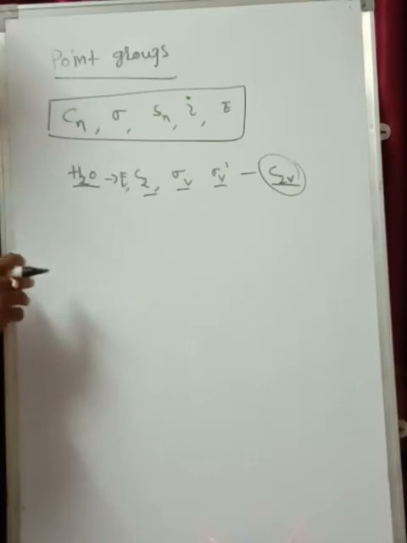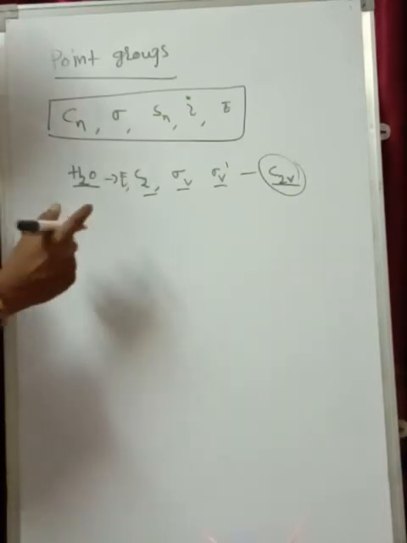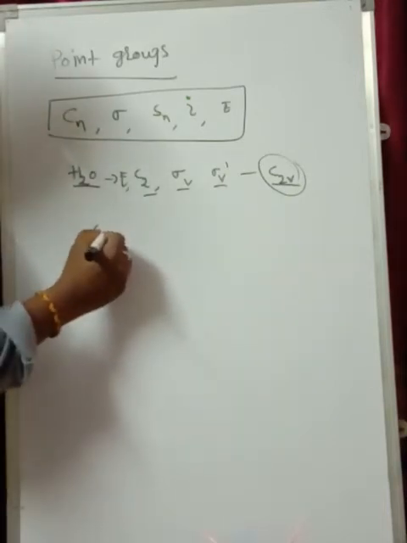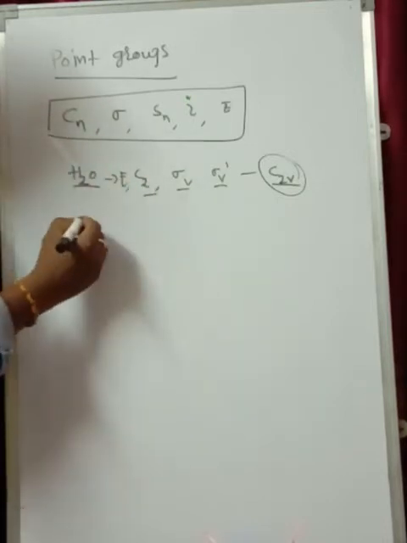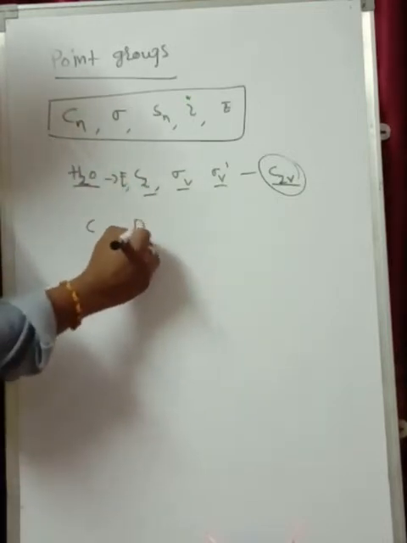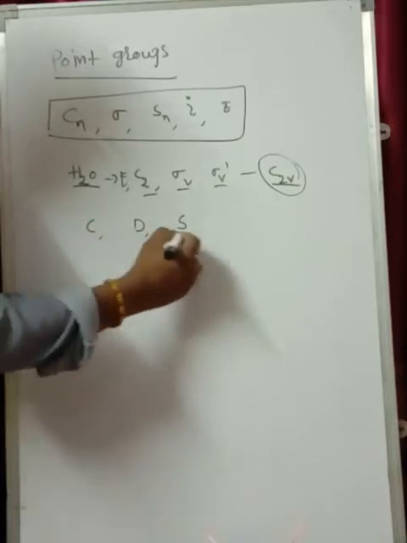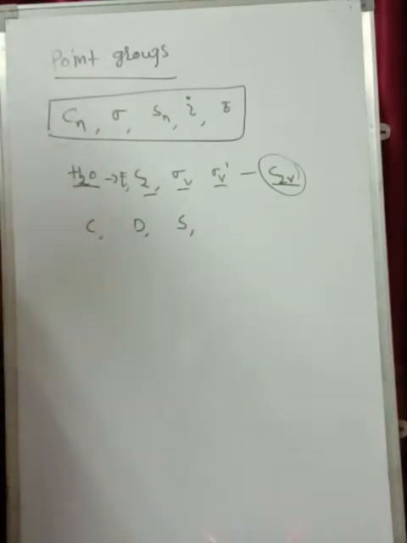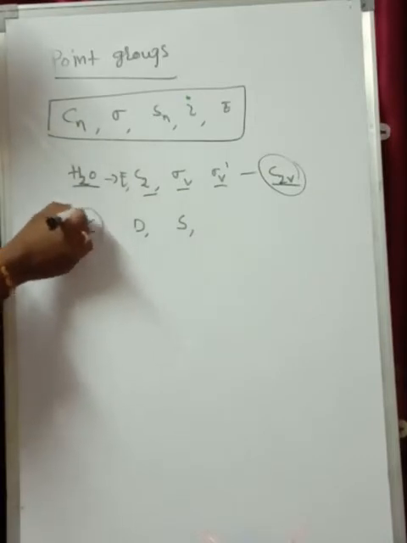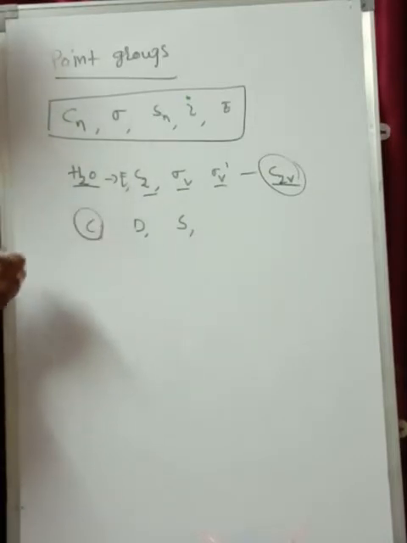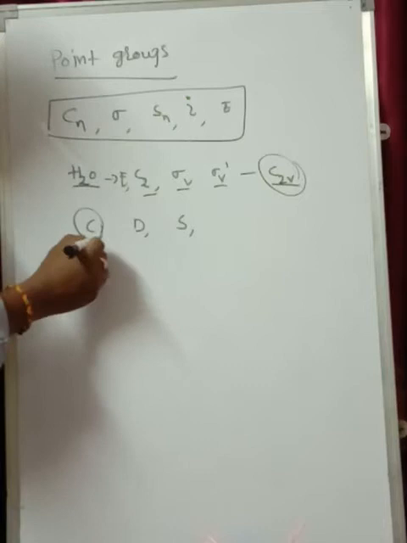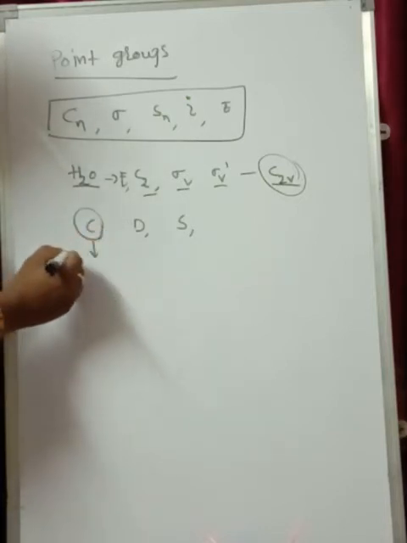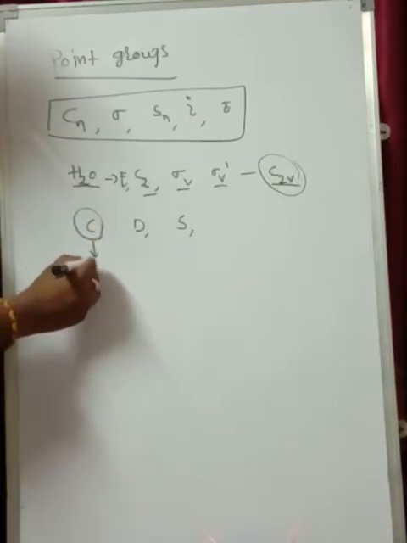Now, these point groups are generally shown with certain notations such as C, D, S, and these represent the type of highest symmetry element present in them. For example, if the point group is starting with C, that means the highest symmetry element is rotation.